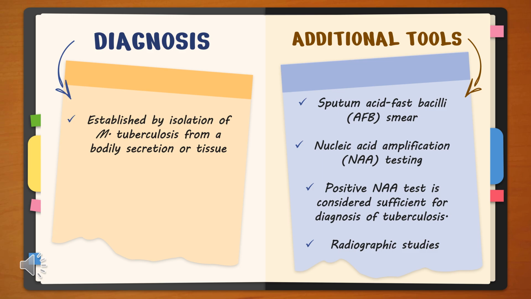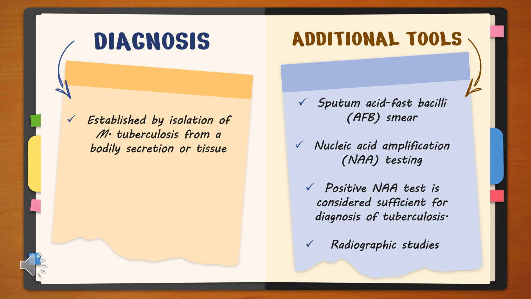The diagnosis of pulmonary tuberculosis is definitively established by isolation of Mycobacterium tuberculosis from a bodily secretion, such as culture of sputum, bronchoalveolar lavage, or pleural fluid, or tissue, such as pleural biopsy or lung biopsy.